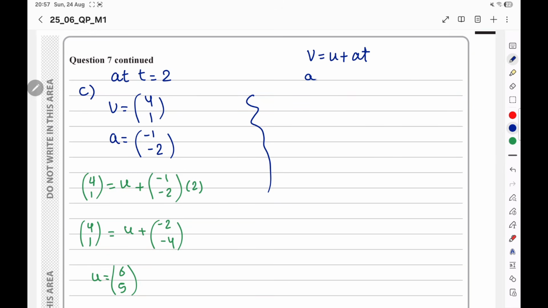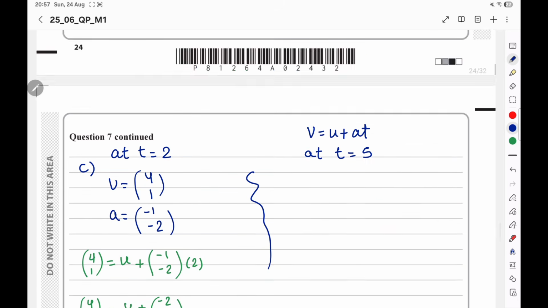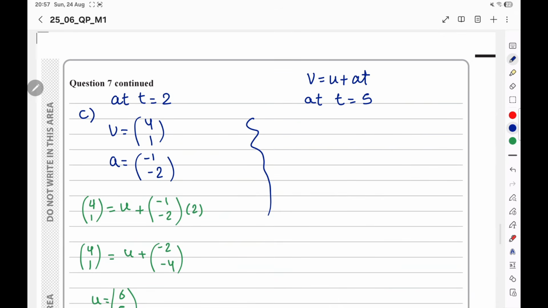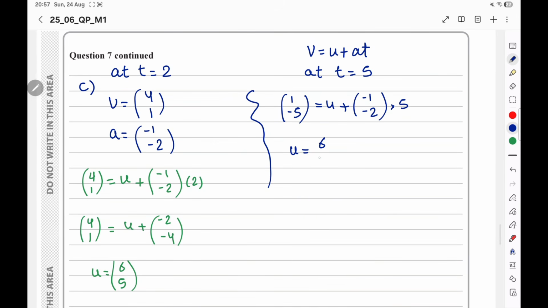Let's find out, is it going to be the same when using t equals 5? The velocity at t equals 5, the final velocity, is 1 and negative 5. 1 and negative 5 equals U plus the acceleration, negative 1 and negative 2, multiplied by the time 5. U will also be equal to 6 and 5.